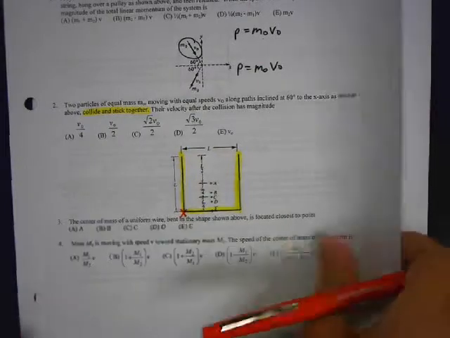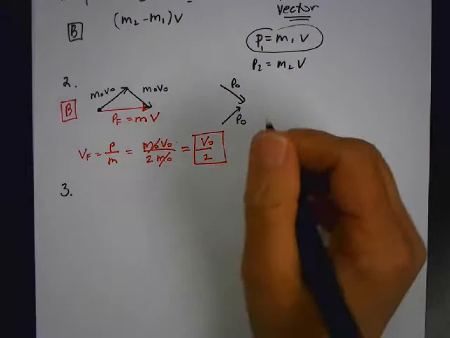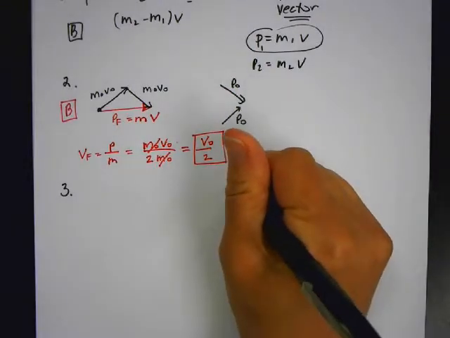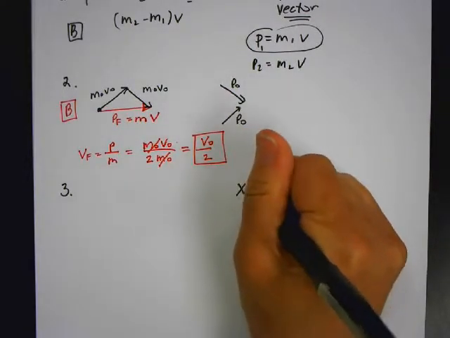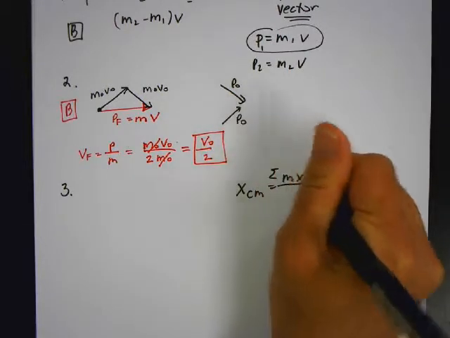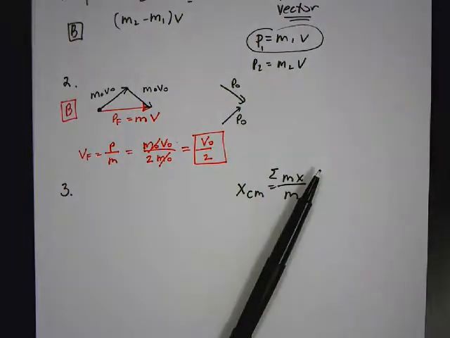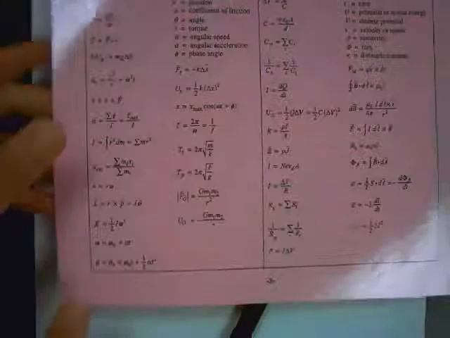Now the equation for center of mass, it depends. The general equation is, if I was doing the x, xcm is equal to the sum of mx, I'm going to add them all up, over the total mass. Now on the equation sheet, let's see how it's listed. That's how it looks.